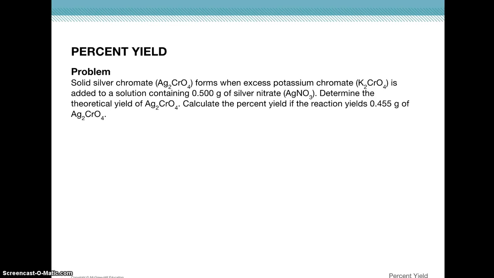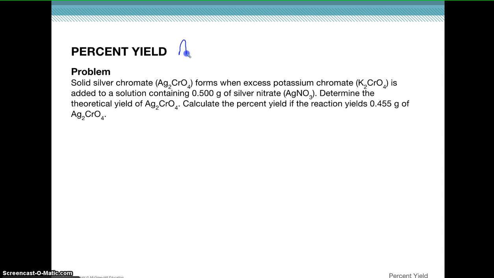So here's our problem. It says solid silver chromate forms when excess potassium chromate is added to a solution containing 0.5 grams of silver nitrate. So the first thing we need, as always, is to write our balanced equation. So the potassium chromate is reacting with the silver nitrate.